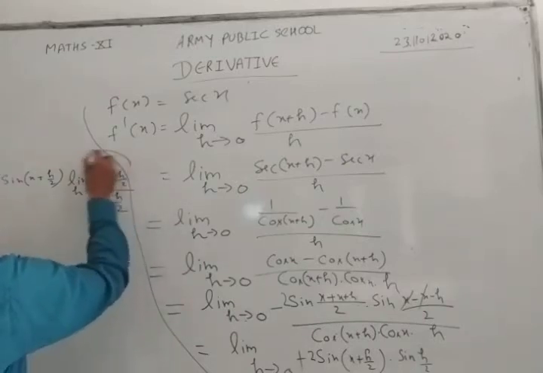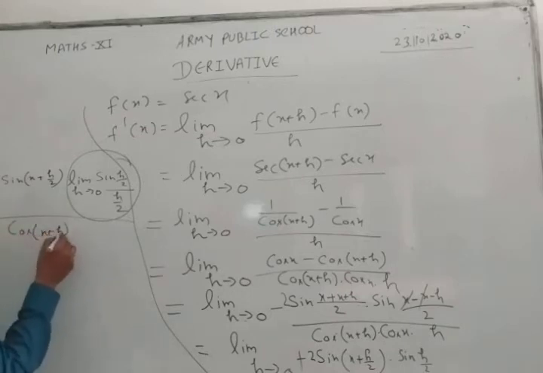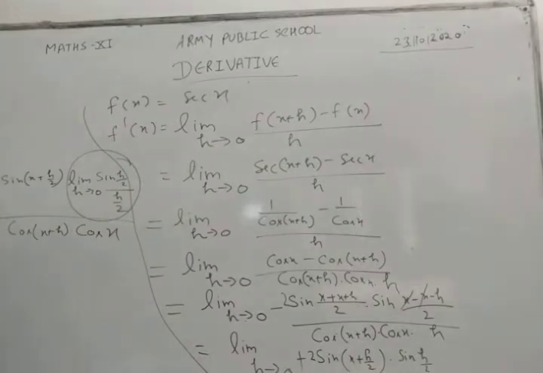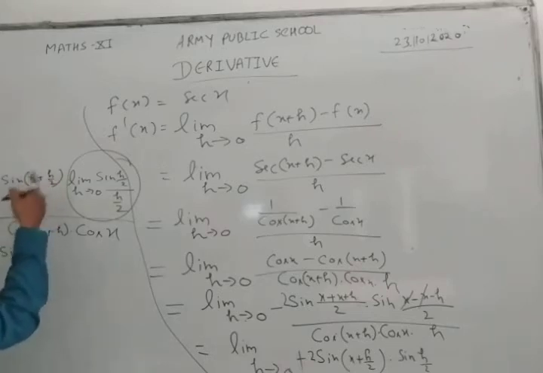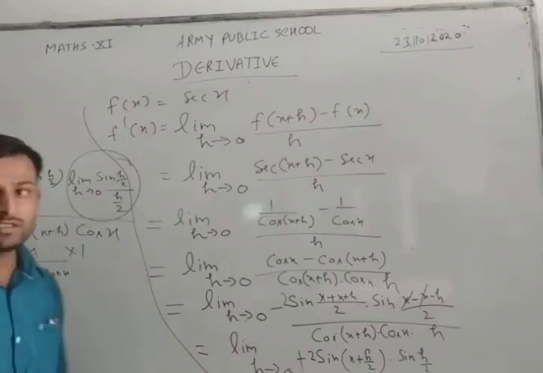So the value of this term will be 1 and divided by cos x plus h into cos x. Now put the limit. We write sin x and this term will be 0 divided by cos x, and this is cos x, and this term will be 1.